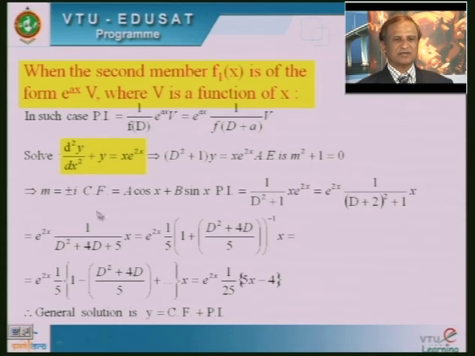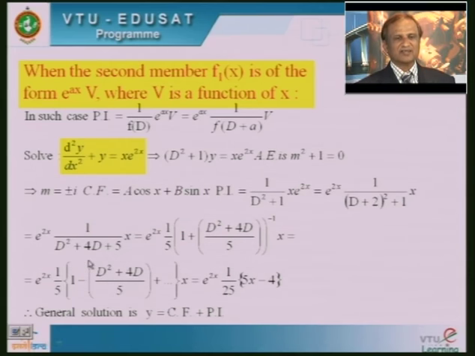So, now I want to use that method. Just now I have explained how we find a particular integral in case of x raised to m. So, using that method I can find the particular integral of this term. I cannot say that this term itself is the particular integral.